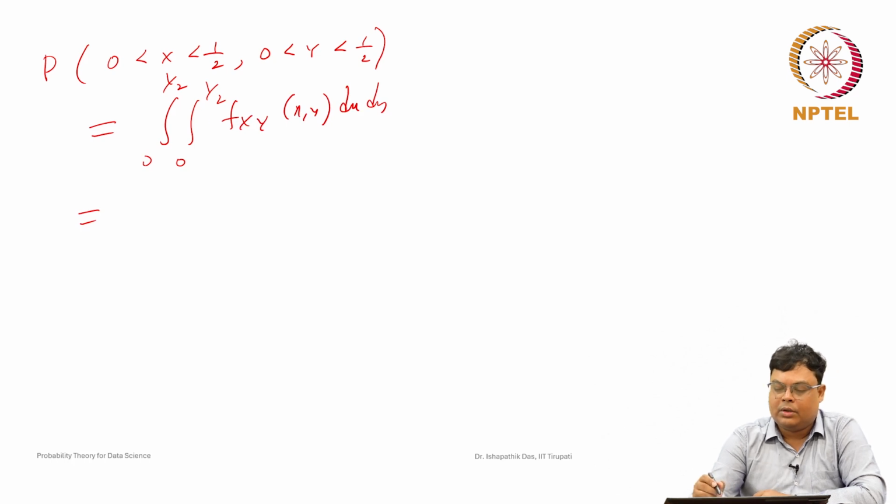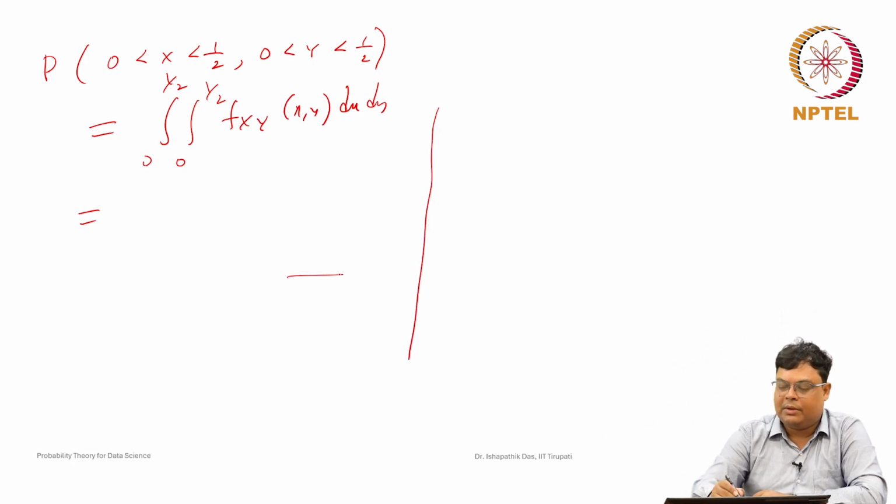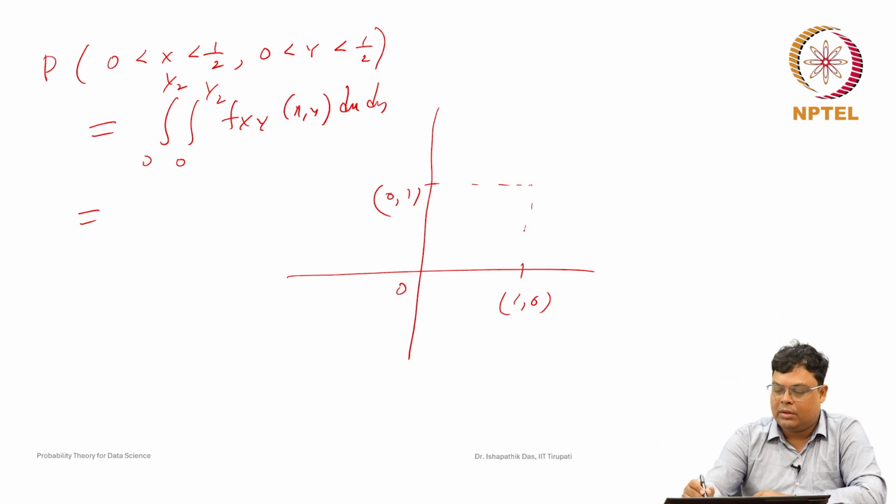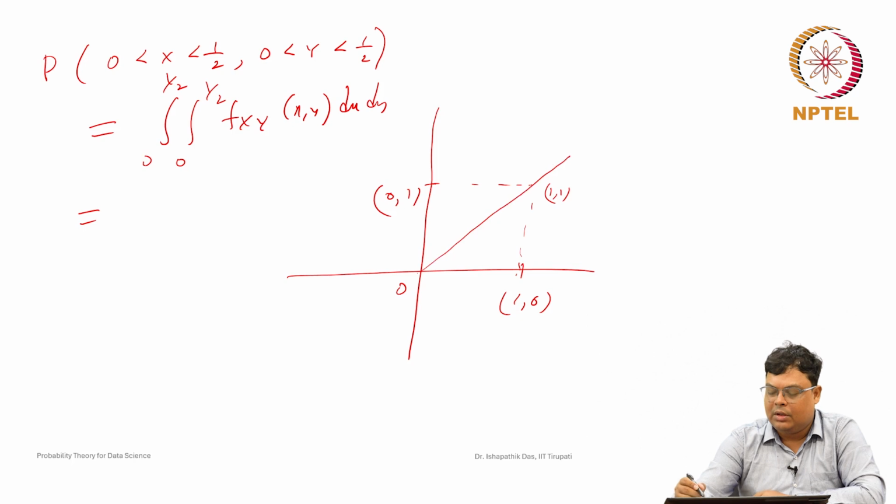If you draw this graph, with 0, 1 on this axis and 0, 1 on the other, this density function is non-zero inside this triangular region.